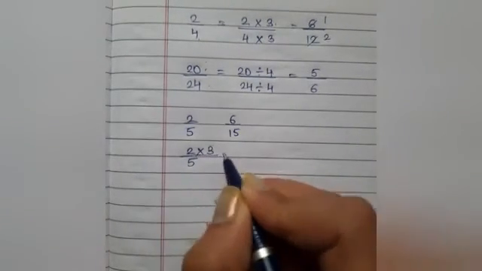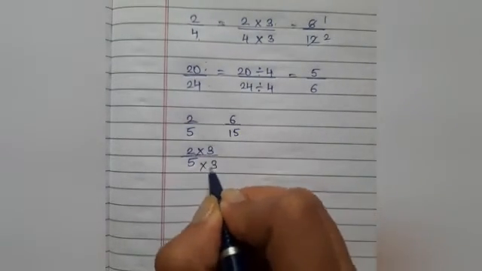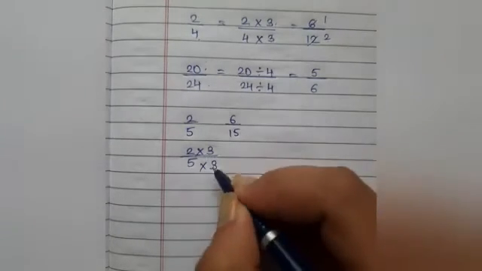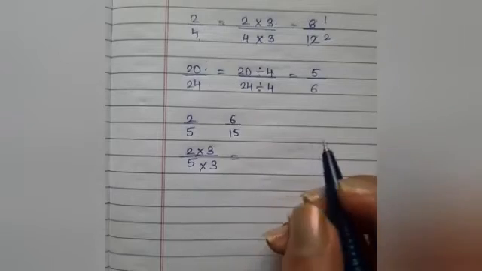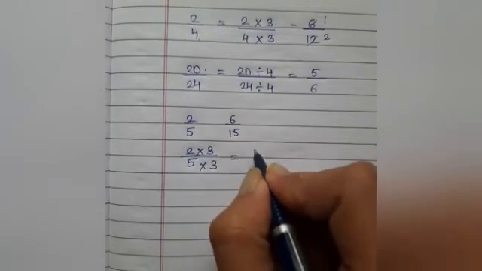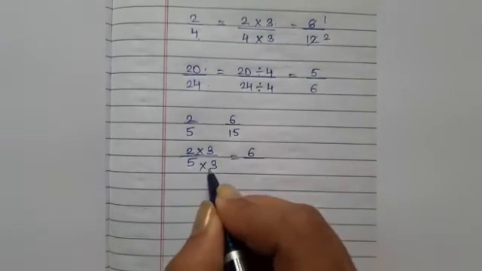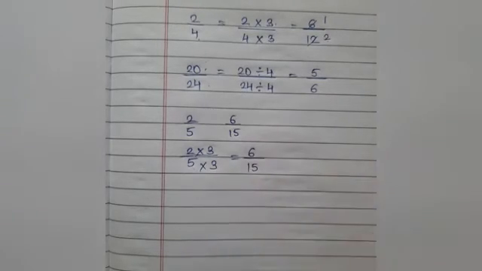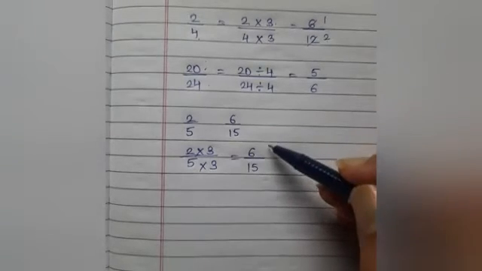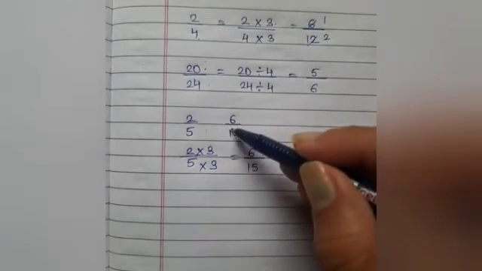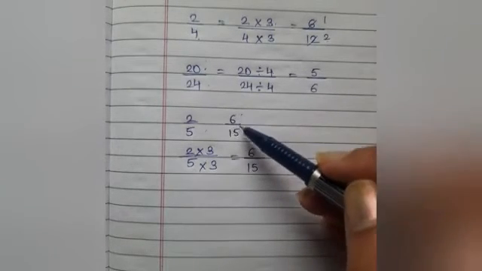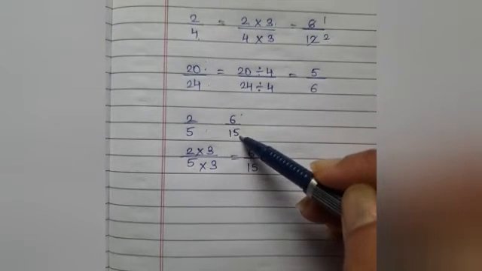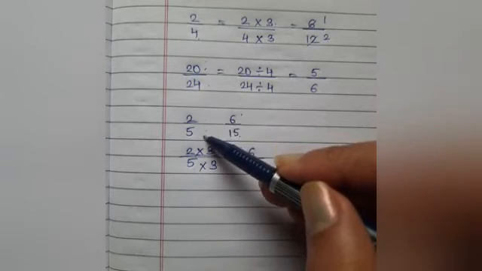If I multiply numerator and denominator with 3, then I will get this answer. That is, 2 into 3 is 6, 5 into 3 is 15. So these are equivalent fractions. That is, 6 upon 15 is equivalent to 2 upon 5.